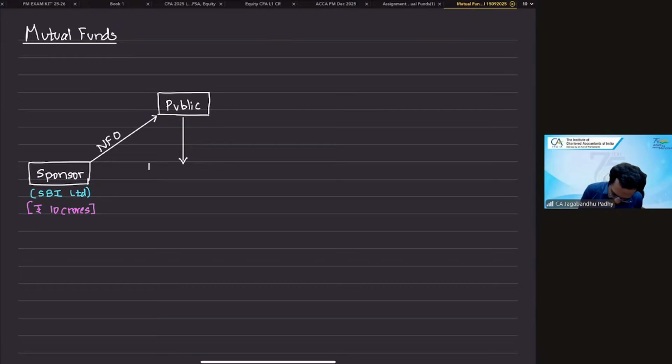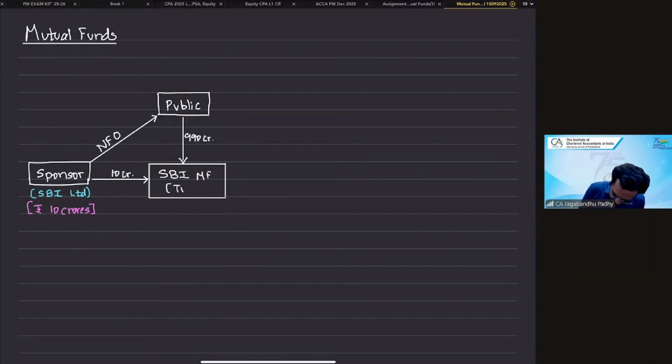But that money, does it belong to the sponsor? No. The money belongs to the public at large. Now, since the money belongs to the public at large, the money has to be kept in a bona fide way. Let's say the money given by the public is 990 crores. In fact, the sponsor also transfers its 10 crores to the mutual fund, which we call SBI Mutual Fund.